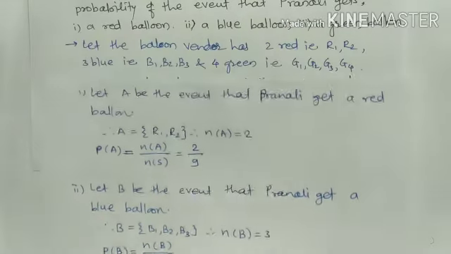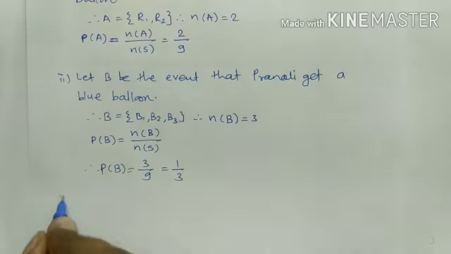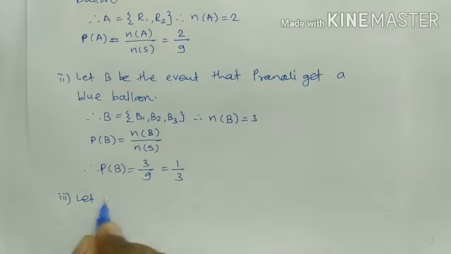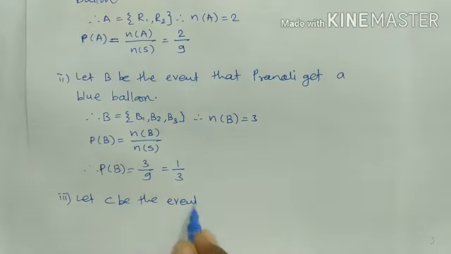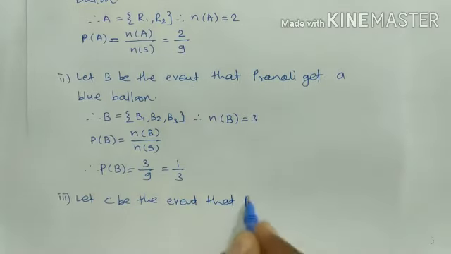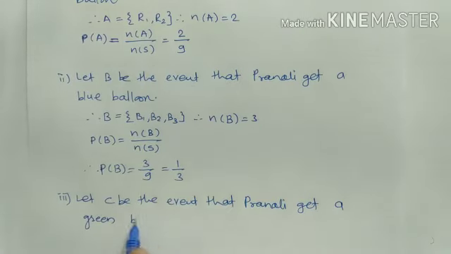Here the third event is that the balloon is a green balloon. Here we write, let C be the event that Pranali gets a green balloon. We know that there are four green balloons.